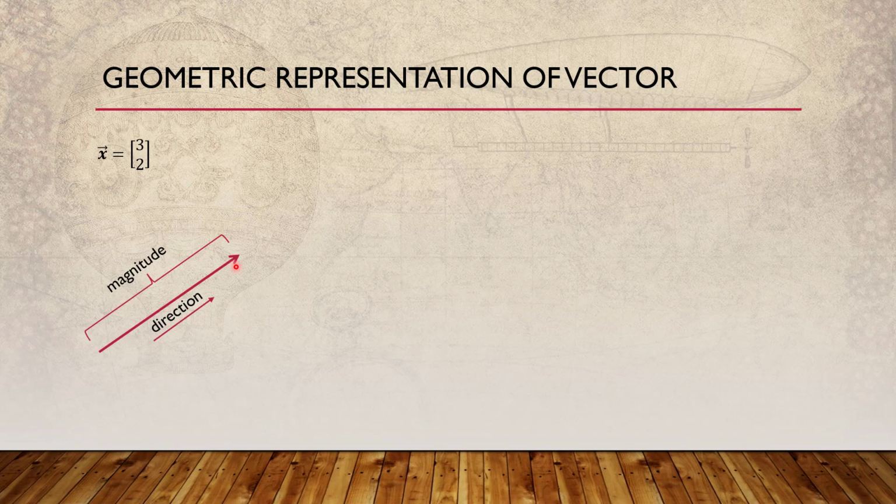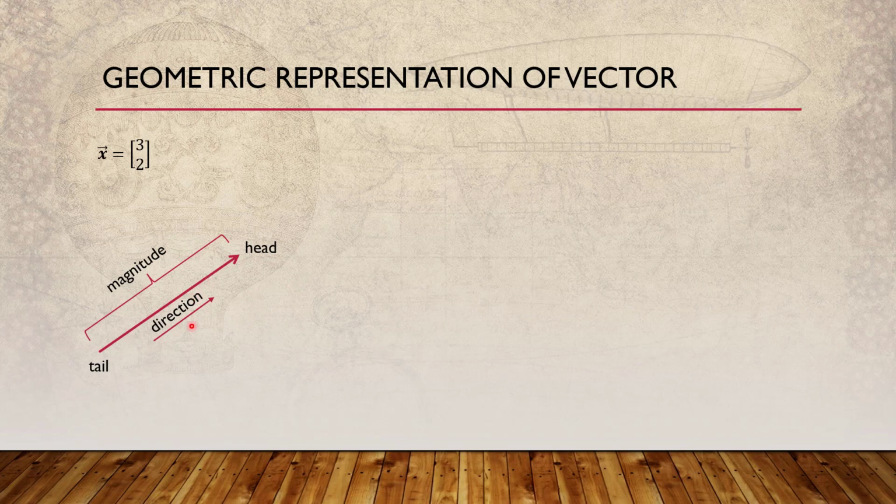That's why vectors are extensively used in physics to denote force, as in any real object which has a particular magnitude and a particular direction, correct? The starting point of this line segment is called the tail of the vector, and the point where it ends is called the head of the vector.